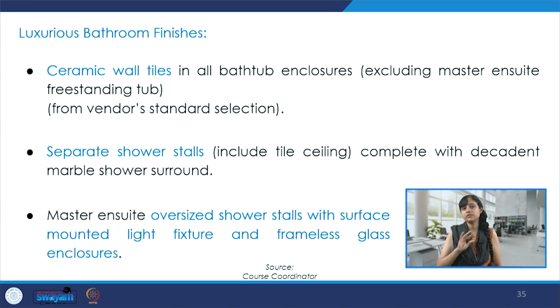There are also some very interesting bathroom finishes which are very, very luxurious. There is a freestanding tub, there are ceramic wall tiles, there are separate shower stalls which are used over here. There are also very interesting light fixtures and frameless glass enclosures that we see in these bathrooms in this kind of a project.